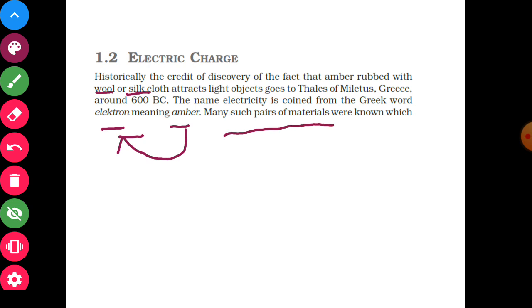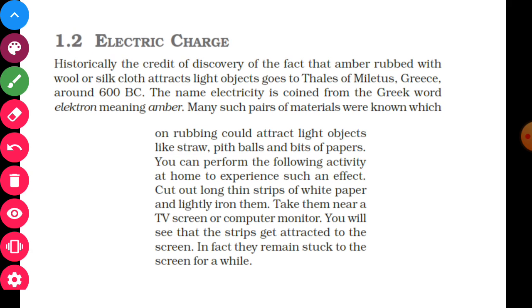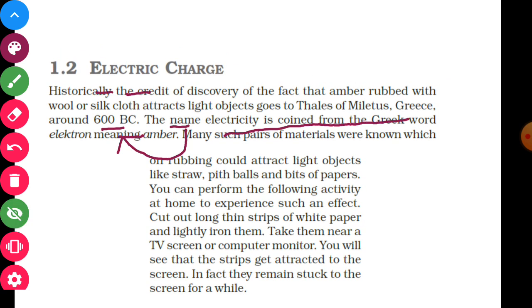Many such pairs of materials were known, which on rubbing could attract light objects like straw, pith balls, and bits of paper. You have seen this, bits of paper attracted by a comb when it is rubbed with your dry hair.